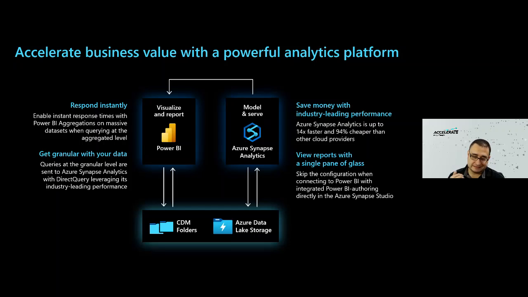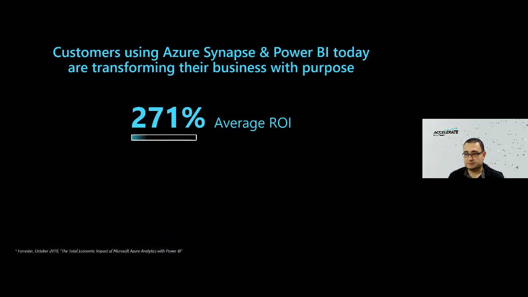Direct query mode, as the name implies, is essentially sending the queries back to Synapse and then returning the results back to the Power BI visualization, so that you can really churn and scale your visualizations and your visual insights, putting the processing in Azure Synapse rather than in Power BI. It's a really interesting use case and implementation of Power BI.